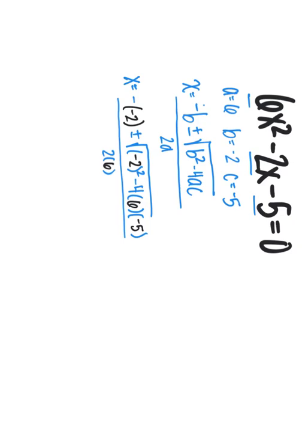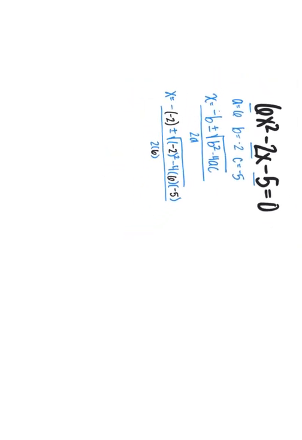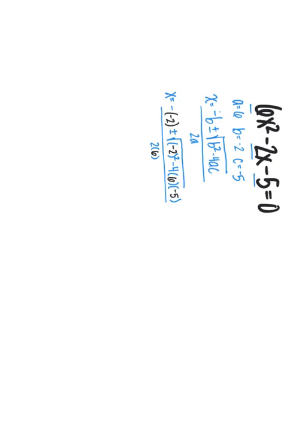All right, from here we can start simplifying, and I'm going to zoom out a little bit. So I have negative negative 2 will give you just a positive 2, plus or minus, and inside of our radical, negative 2 squared is 4. Negative 4 times positive 6 is negative 24. And negative 24 times negative 5 gives you positive 120.